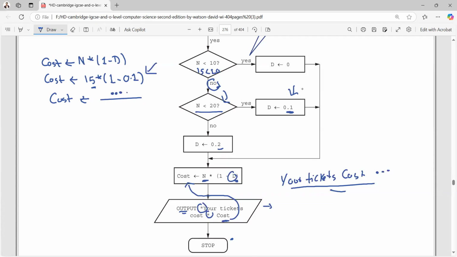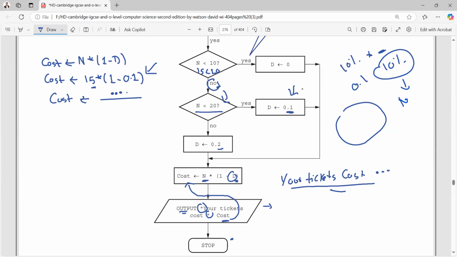So how did they make this discount? Wasn't the discount 10% for tickets that are more than 10? They wrote 0.1 and 0.2, but they have two options. They can either write 10%, but you just cannot multiply it. If you convert this percentage into numbers, then it will be 0.1. Okay, and why did they do 1 minus 0.1 over here? 1 minus this is basically their formula to calculate the cost.